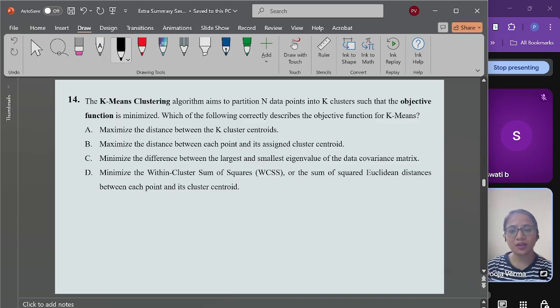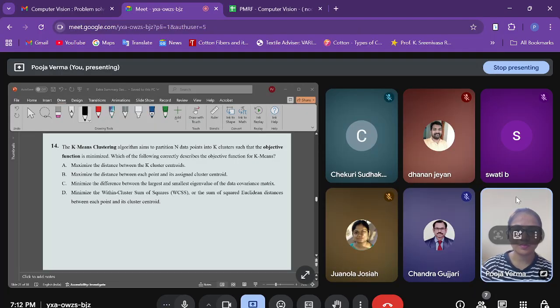Which option is correct for the k-means clustering algorithm that aims to partition n data points into k clusters such that the objective function is minimized? At least try to answer this question. Anyone?